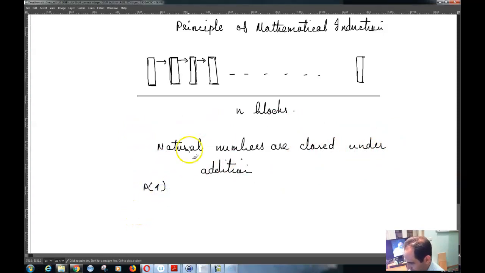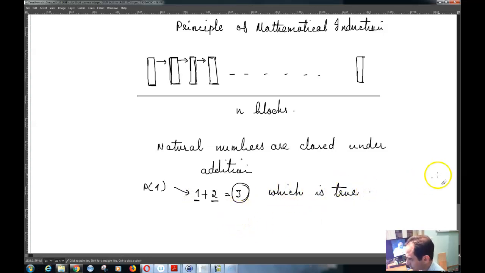P of 1 means the first case in that situation. For example, I show that when I add 1 and 2, 1 is the first natural number, 2 is the second natural number, I get 3, which is a natural number. So that I call P of 1, which is true.